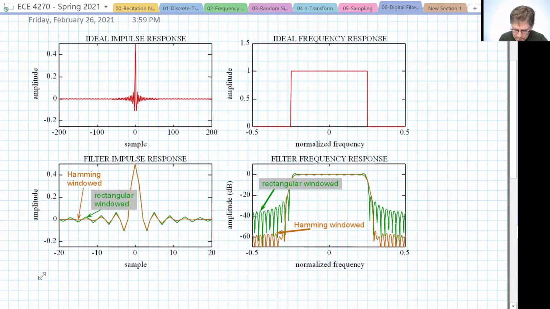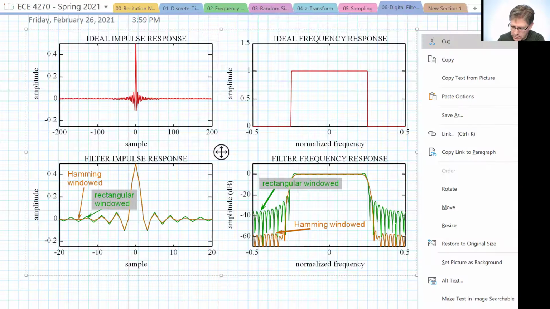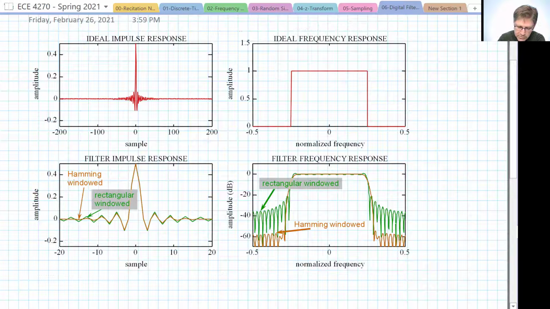In this particular case, we have an ideal frequency response over on the right, and this is showing a normalized frequency response, and my guess is that they've normalized this so that this is pi and that's minus pi and that's 0.